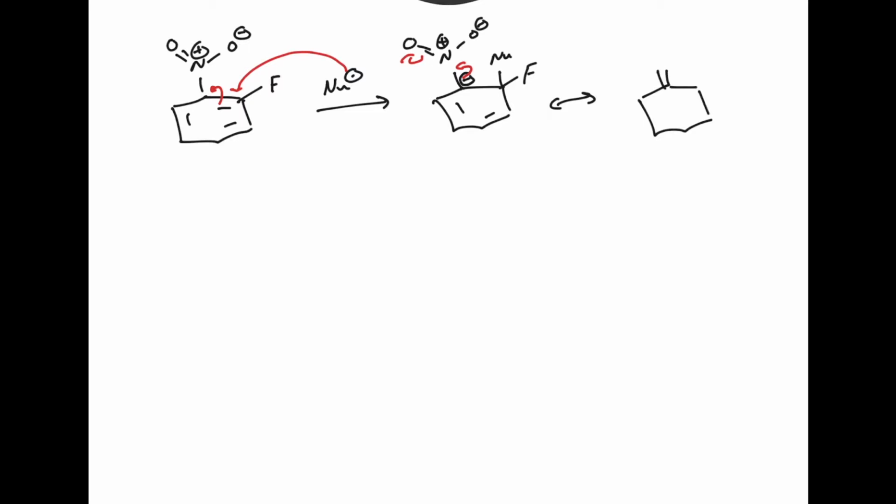Right, so the electron withdrawing group can help stabilize the negative charge that you make in your intermediate through resonance. It can pull those electrons out of the ring and give the electrons an extra place to go. So this is true when the groups are ortho. It's true when they're para.